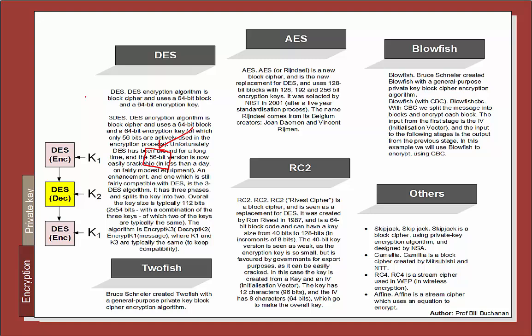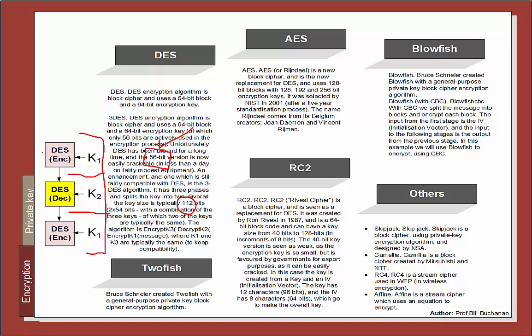To overcome that and to keep compatibility, they created 3DES, which has 3 main stages to it, and has 3 keys, one for each of the stages, but we normally use the same key for the first and the last stage. So our equivalent key is really just 2 times the 56, which is 112 bits. It's the equivalent key size, so it's well above the 72-bit area that could be crackable.